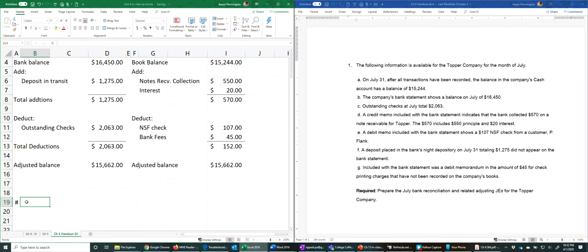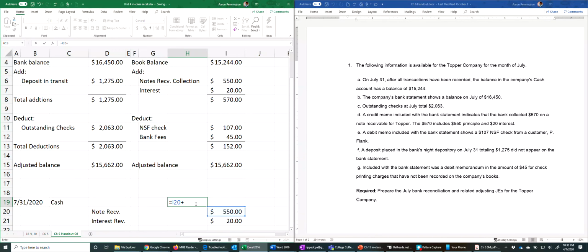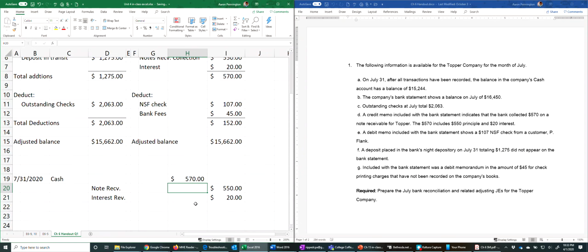We'll date these as of the date of the bank statement. So that's the first entry.